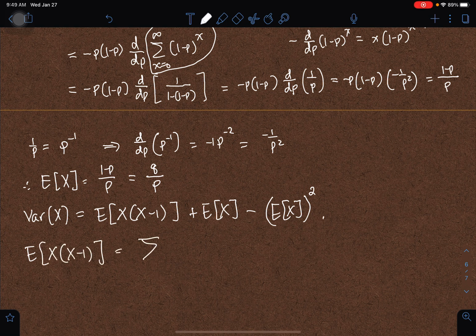Let me just write that as the sum from 0 to infinity of x times (x minus 1) times p times (1 minus p) to the x. This will be an assignment.